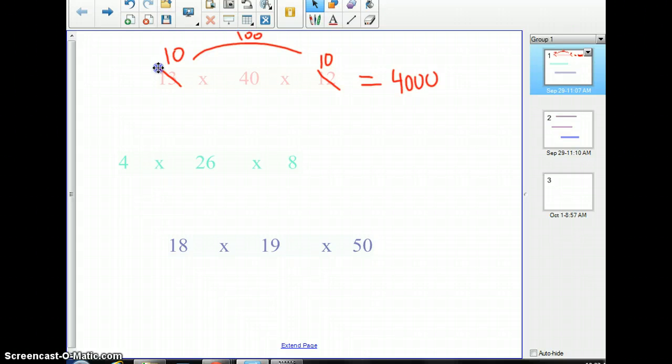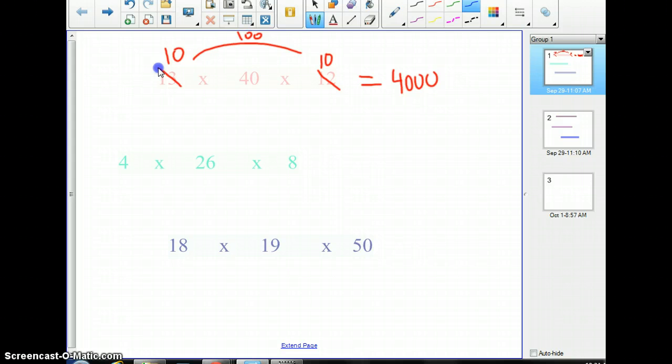This is a problem that's perfect for what we talked about. This problem actually shouldn't take you very long.